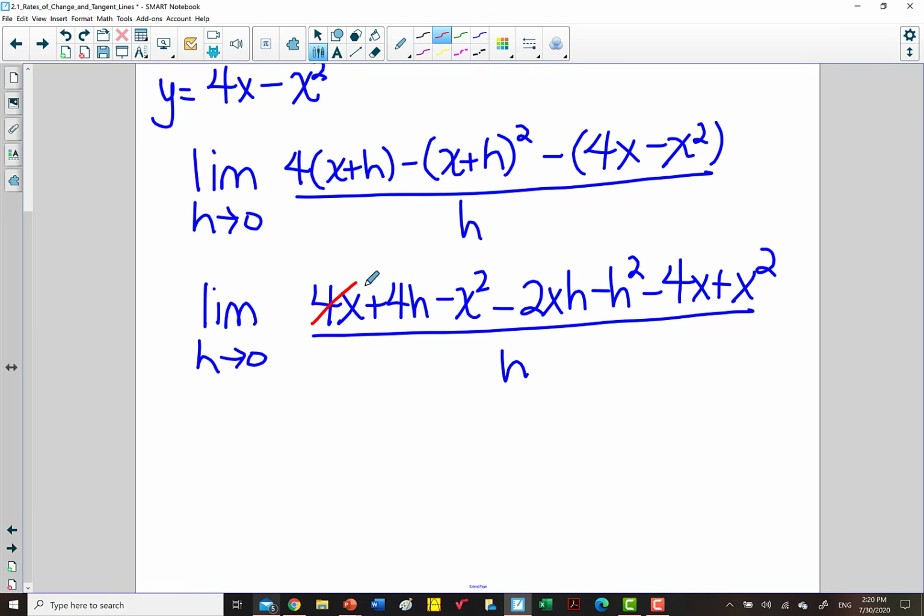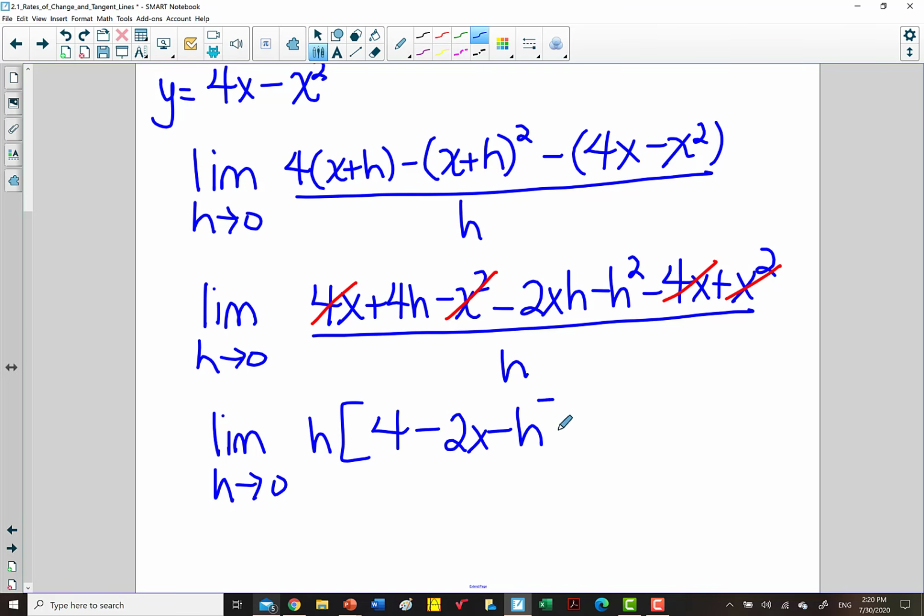And everything with an x should cancel out, so we can factor an h from the numerator. So 4 minus 2x minus h divided by h.